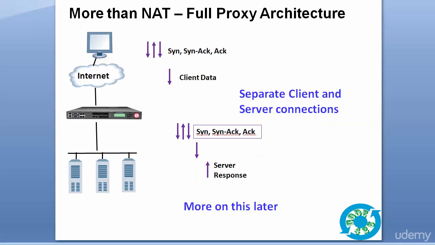The LTM is a full proxy architecture and has separate connections on the client and server side of the Big IP. This allows a lot of flexibility and function within the product. How full proxy works is the LTM is a server to the client and a client to the server. There is never a direct connection between the actual client and the server.